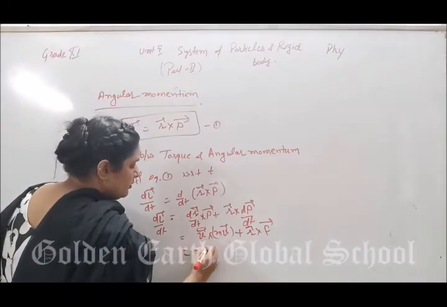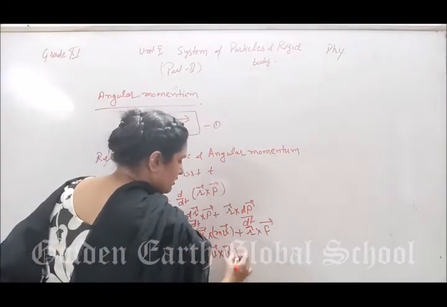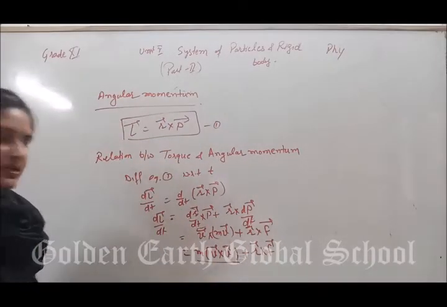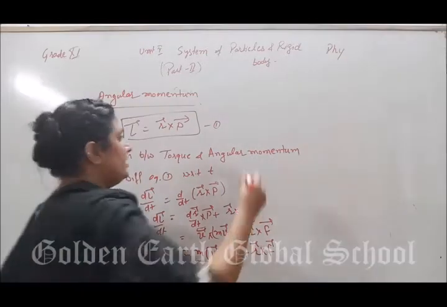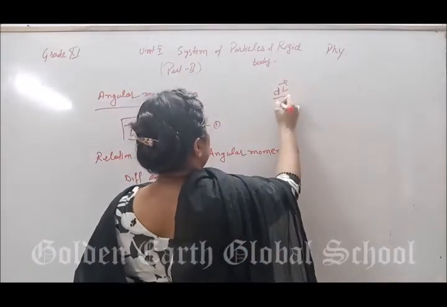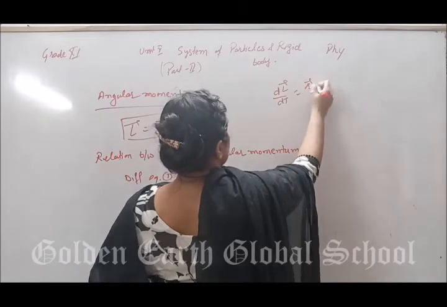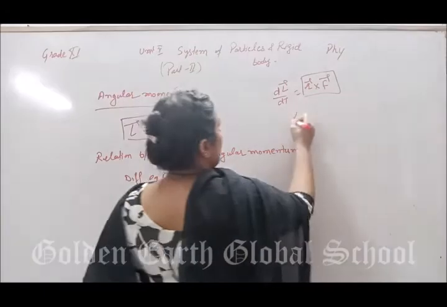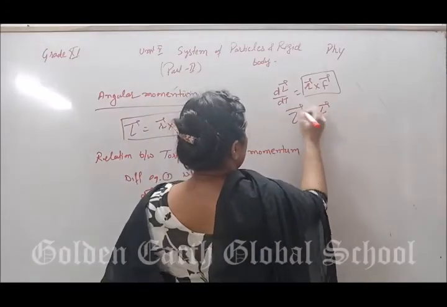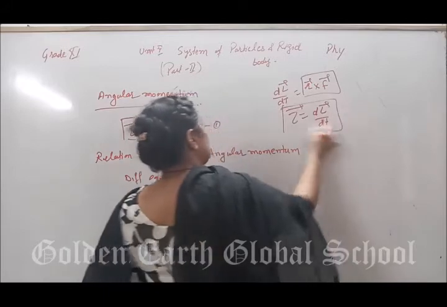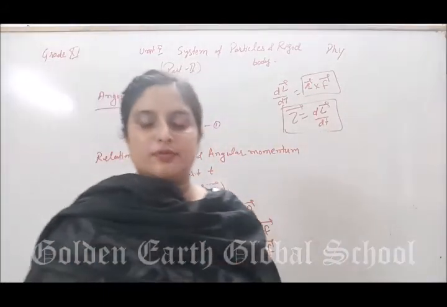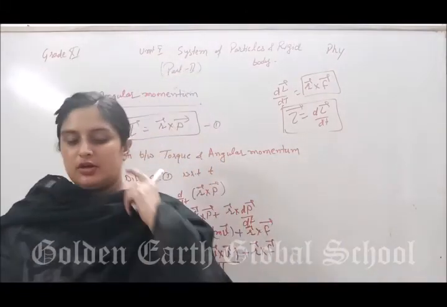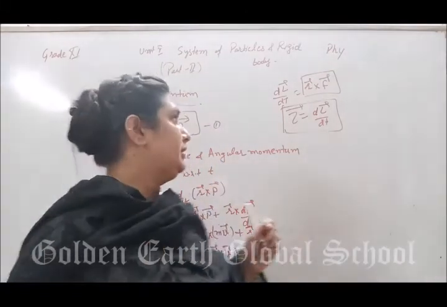So m into v cross v plus R cross F, and v cross v is always 0. From here you will get dL by dt equal to R cross F, and on the right hand side we have the definition of the torque. So torque will be equal to dL by dt, or the torque is equal to the rate of change of angular momentum.